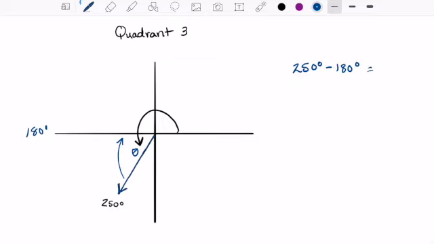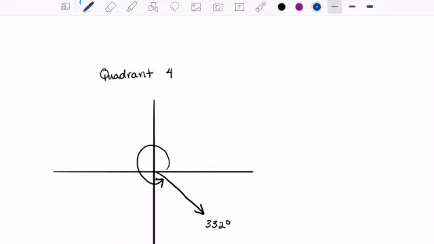And that is going to give us 70 degrees. So our reference angle for this example is 70 degrees. So again, when we are in quadrant 3, we follow our pattern of our standard position angle, our terminal side, minus 180 degrees. That gives us our quadrant 3 reference angle.